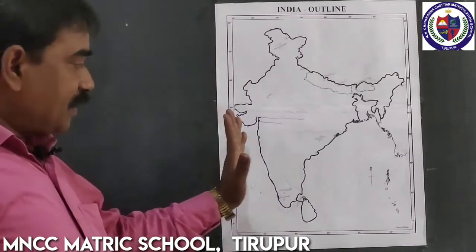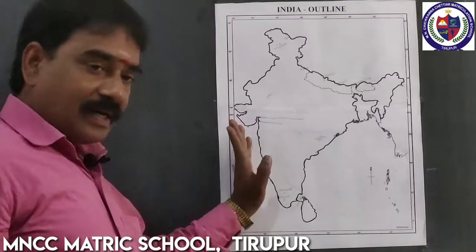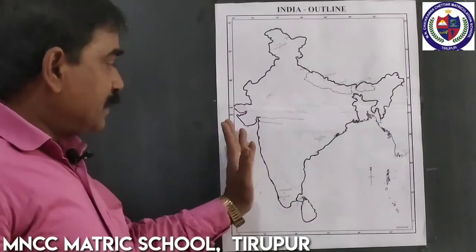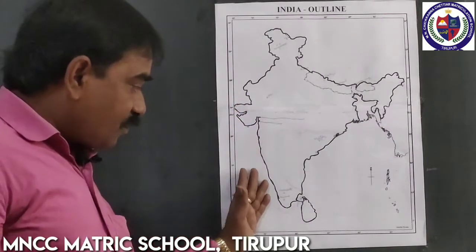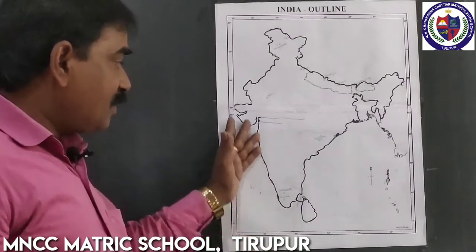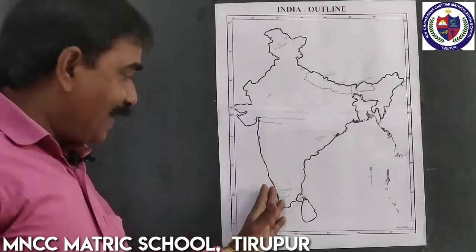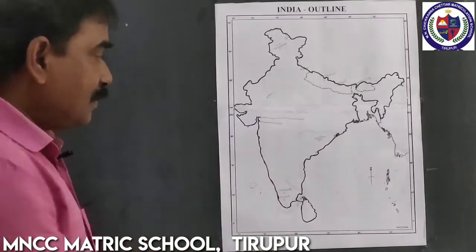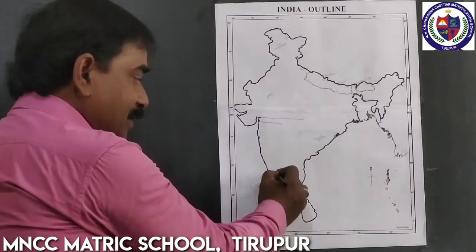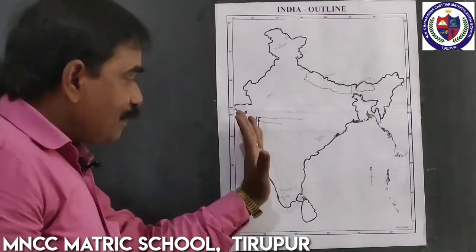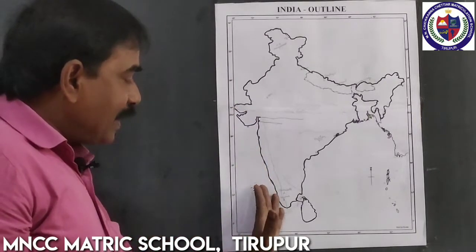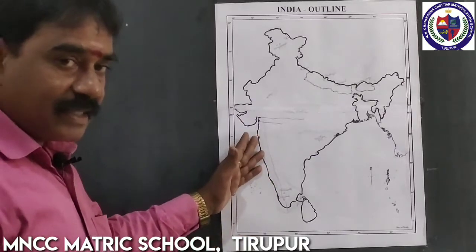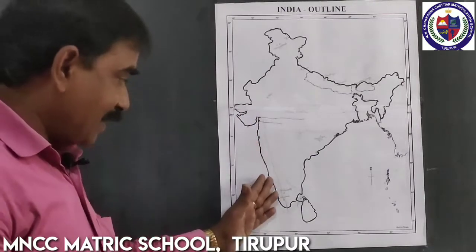See, already we have seen the Western Ghats and this one is Eastern Ghats. Now the coastal plains of Western Ghats is called West Coastal Plains. The coastal plains at the end of the land area touching the sea is called coastal plains.